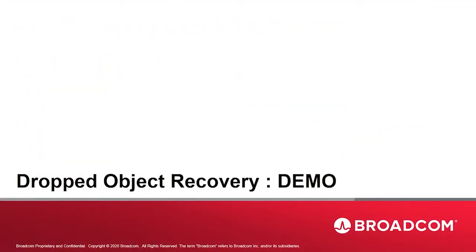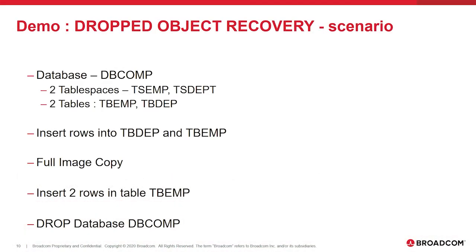Now we are doing a demo of the dropped object recovery feature. For this demonstration, I created a database, DBCOMP, with 2 table spaces, 2 tables, TBHUMP and TBDEP, and 1 index on TBHUMP.